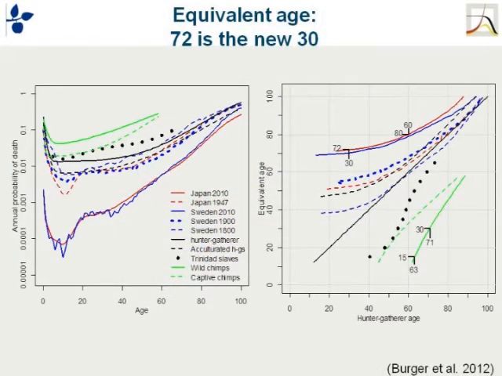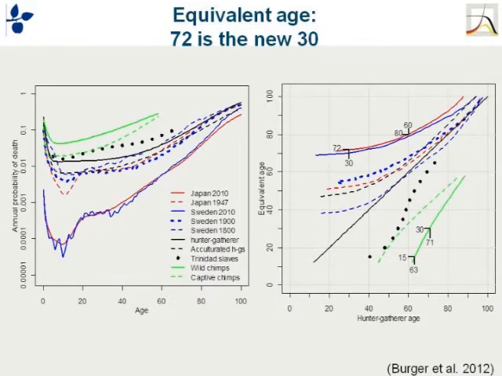So here's 72 is the new 30, okay? 70 is not the new 59, 72 is the new 30. So on the panel on the left, we have various populations. Japan in 2010 is this red line on the bottom, and Japan in 1947 is the dashed red line.